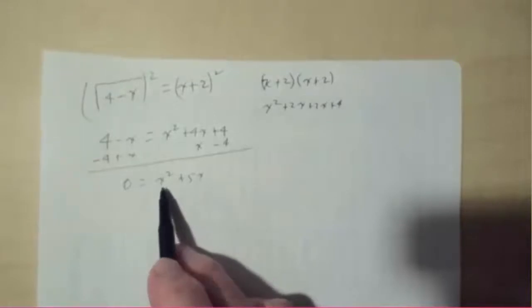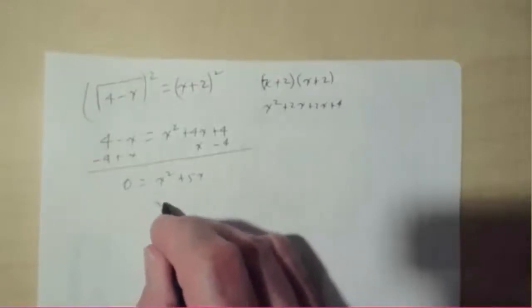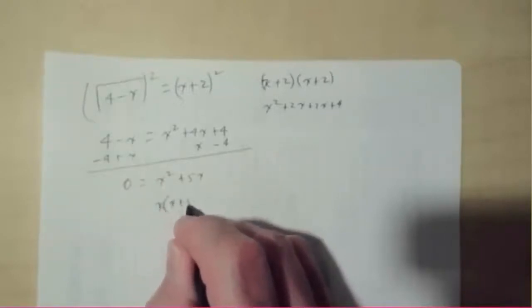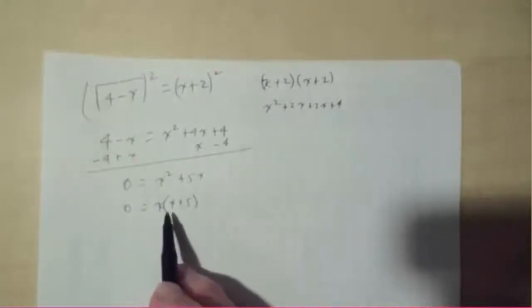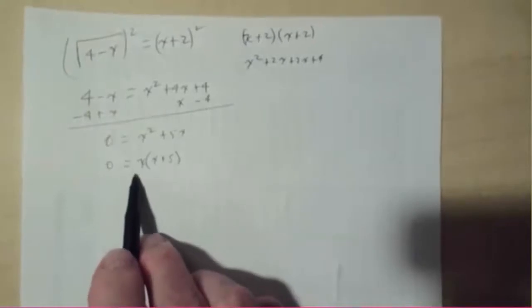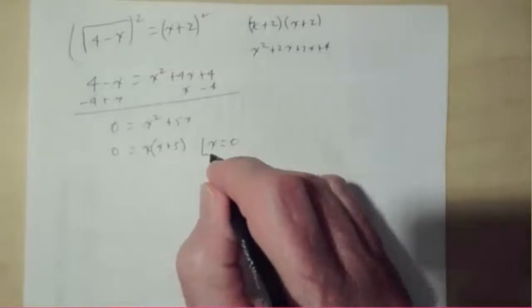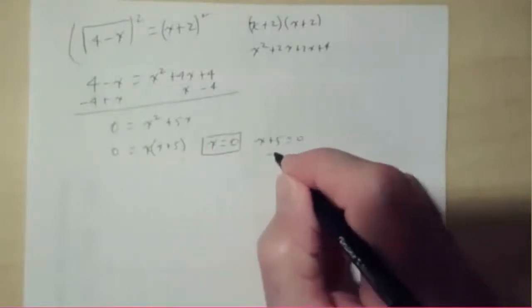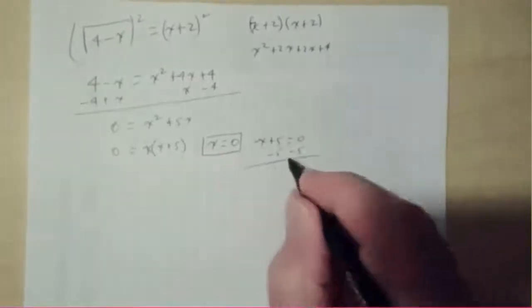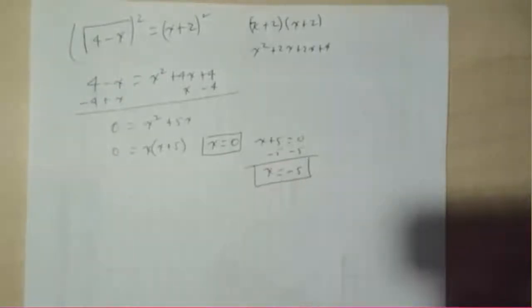So now we factor this. We're going to get x times x plus 5 equals 0. Now remember, we take each one of the factors and set them equal to 0. So x is going to equal 0 and x plus 5 equals 0. Subtract 5 from each side. X equals negative 5.